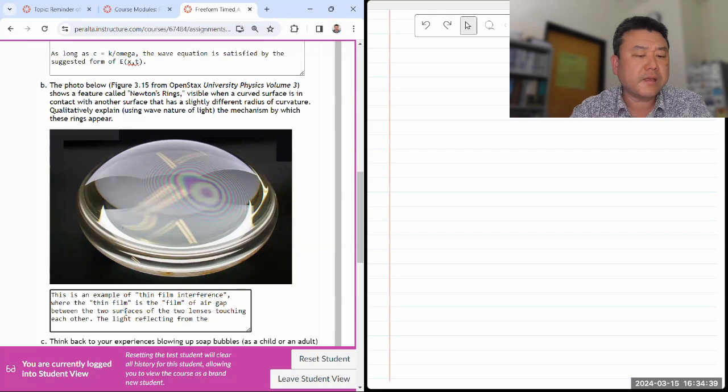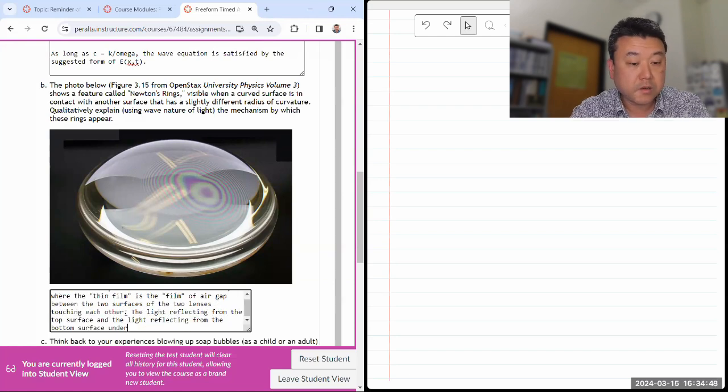The light reflecting from the top surface and the light reflecting from the bottom surface undergo different phase changes.